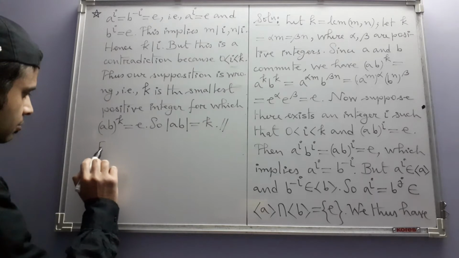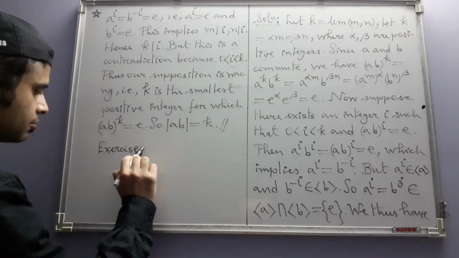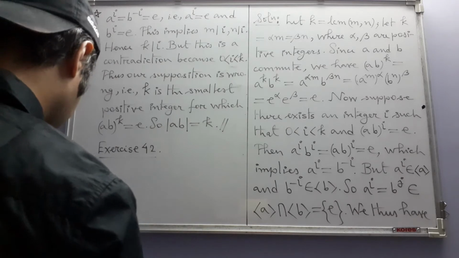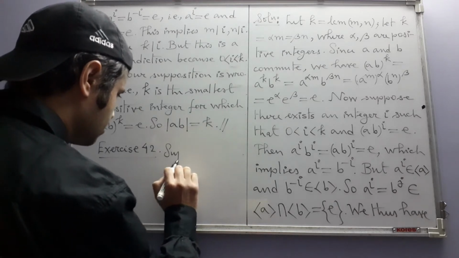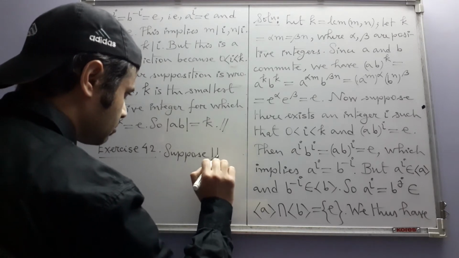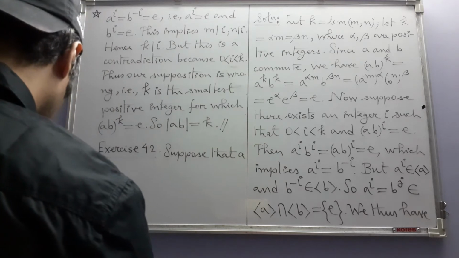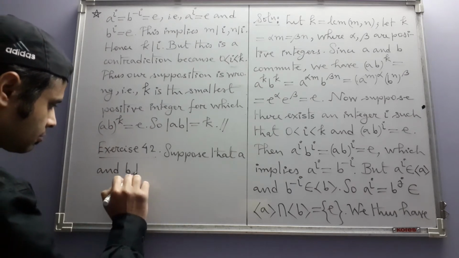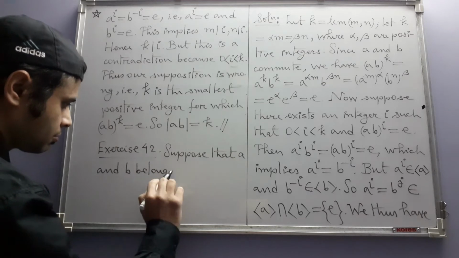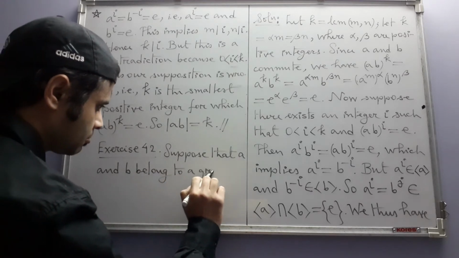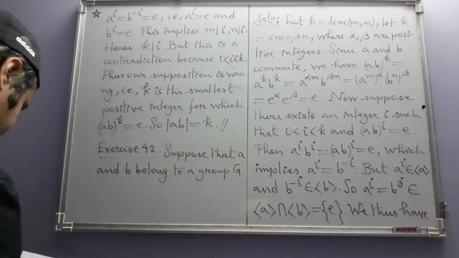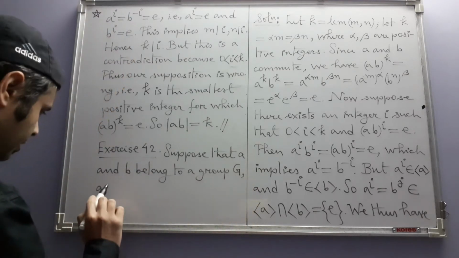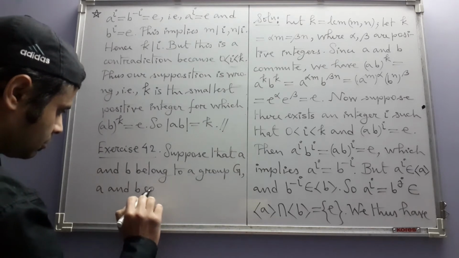Next, suppose that A and B belong to a group G. Then A and B commute.